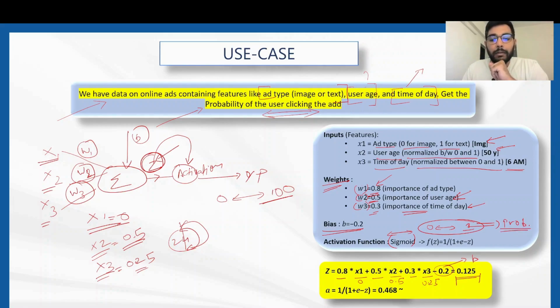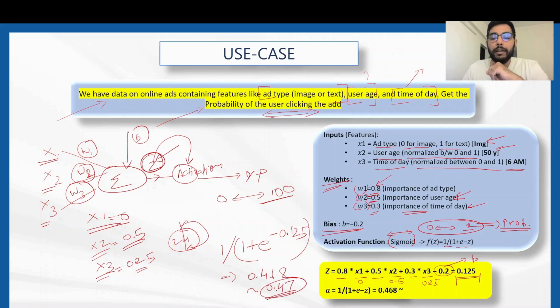Now the formula for sigmoid is 1 divided by 1 plus e to the power of minus z. z is the output of that summation function, which we got as 0.125. What we'll have is 1 divided by 1 plus e to the power of minus 0.125. This will essentially give you a probability of approximately 0.47, right?